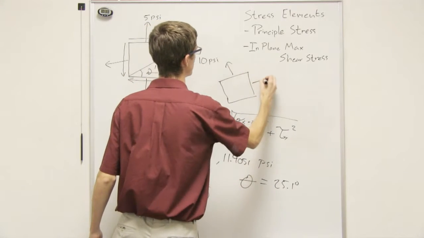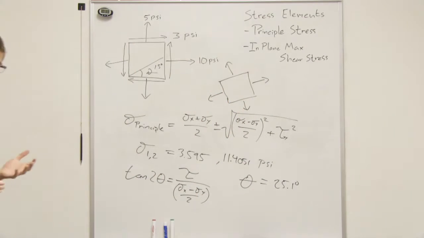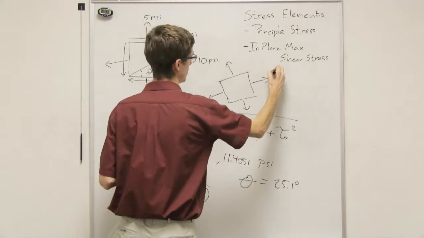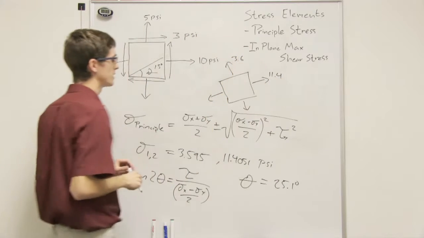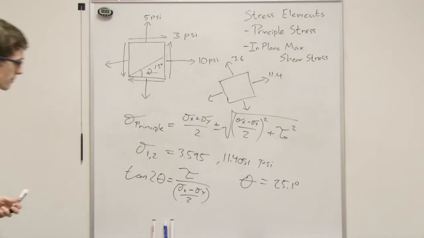We'd have the principal stresses and no shear stress, because at the maximum normal stresses there is no shear stress. We get 11.4 and 3.6 psi. So those are our principal stresses. That's how we find the maximum normal stress on the element, by rotating it that much.